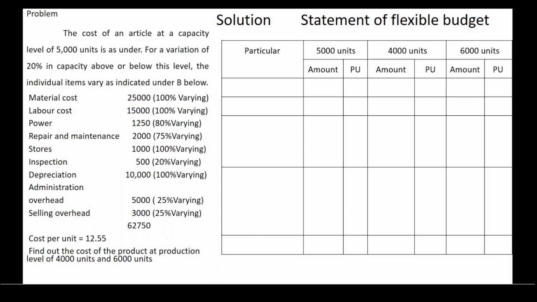Under particulars, we enter the expenses, and in the amount column, the per unit means the cost per unit. The first expense is the material cost, the amount is 25,000. Here this is 100% varying.